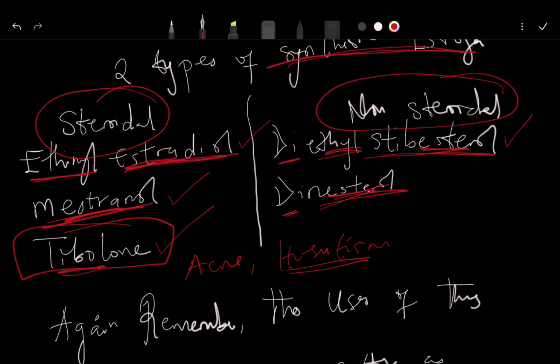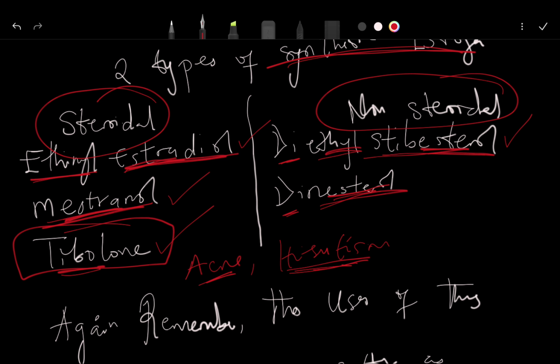So you can have these as side effects of use of tibolone. That's why we just limit tibolone to women that are already older, that are already in their menopause. So we don't use tibolone as contraceptives.